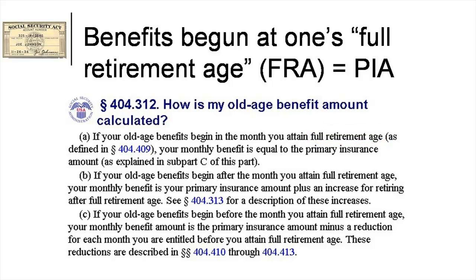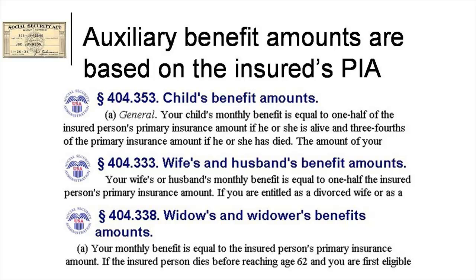The PIA is also the monthly benefit amount for a disability insurance recipient. In the case of a retirement or old age benefit, the monthly benefit may in fact be greater or smaller than the PIA, depending on the age at which the benefits were started. But that age adjustment is made in relation to the primary insurance amount.